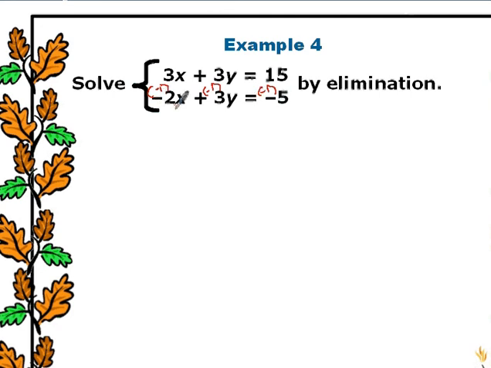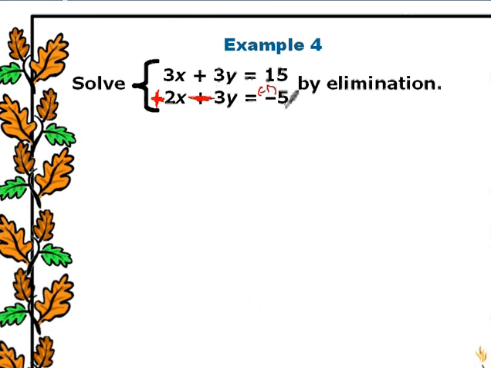So negative 1 times negative 2x, well, that becomes a positive 2x. Okay, so this is like a positive 2x now. All right, and negative 1 times positive 3, negative 1 times 3, that's negative 3. So now this is becoming like a negative 3y.